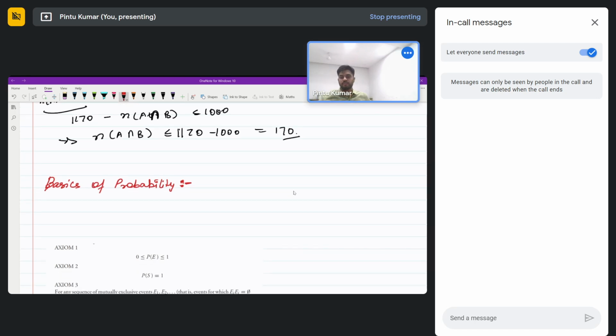So what is probability? When you are not sure about an event and you want to make a prediction that a particular event would happen, probability gives you a measure of how likely that event is going to happen.